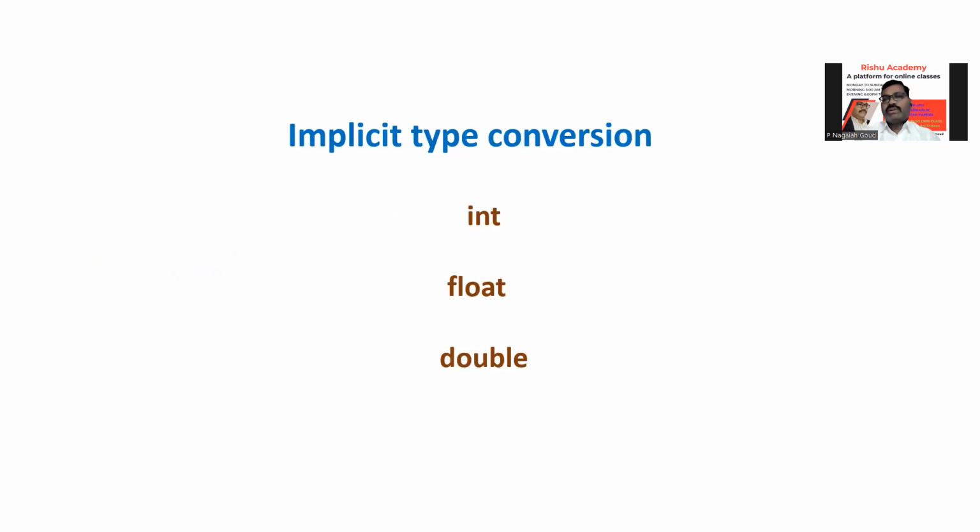First one, I want to discuss implicit type conversion. What is implicit type conversion? Simple definition: converting lower type variable into higher type variable. Implicit type conversion is the process of converting lower level variable into higher level variable.